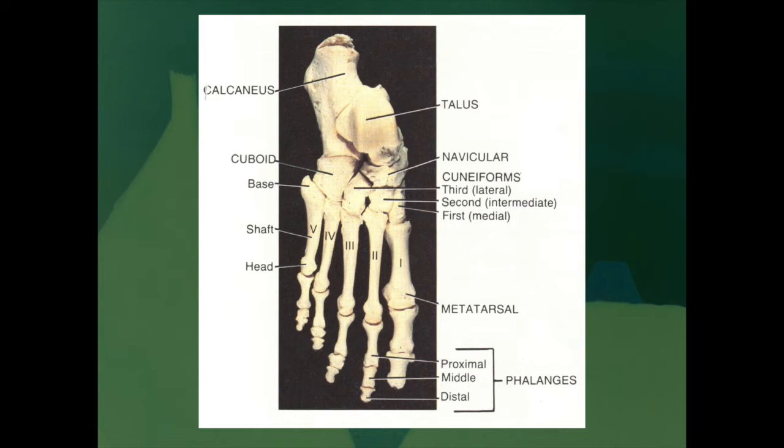The hallux, or the big toe, has 2 large, heavy phalanges, similar to what we saw with the design of the thumb. They are called proximal and distal phalanges. The other 4 toes each have 3 phalanges. Again, proximal, middle, and distal. Take a moment to study the diagram.